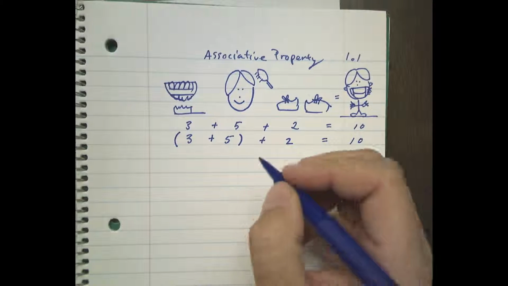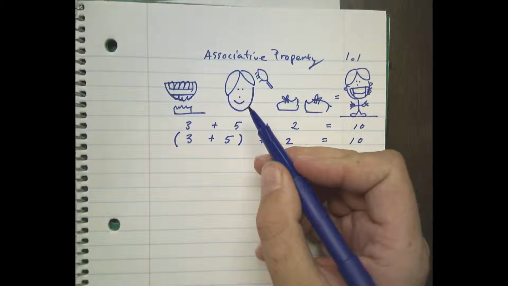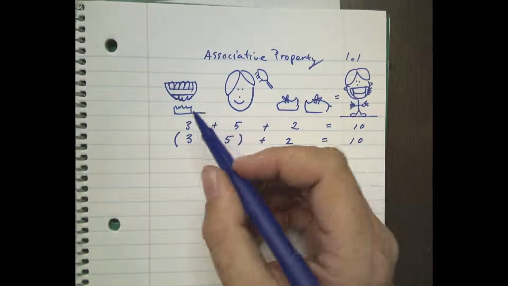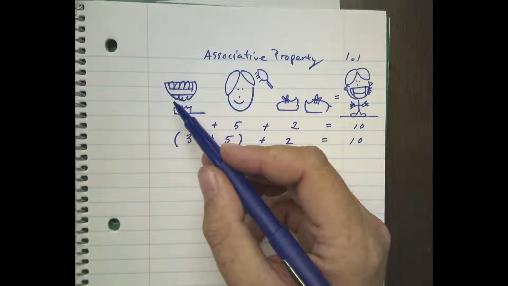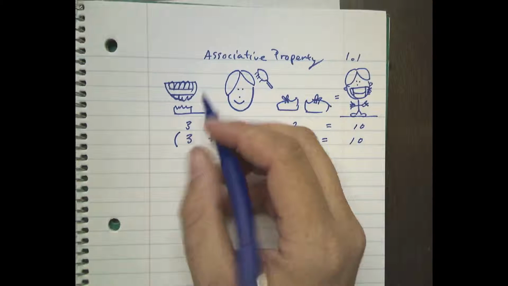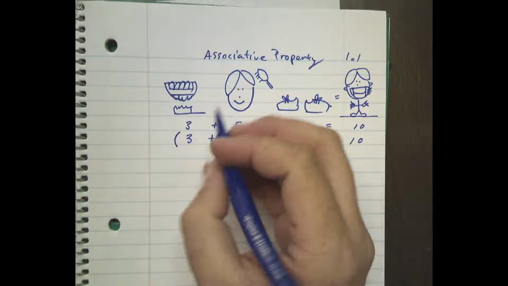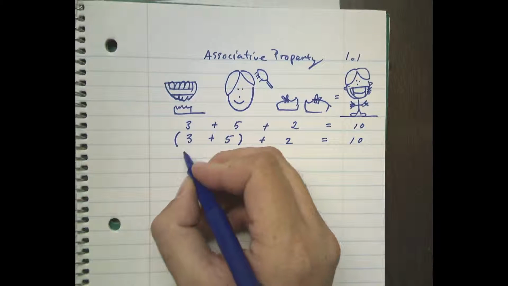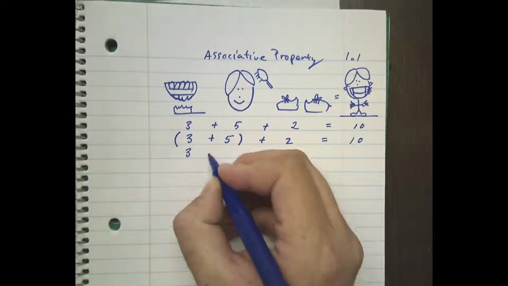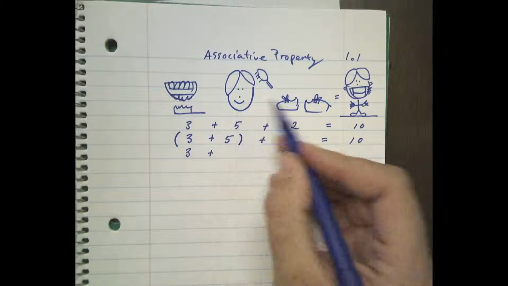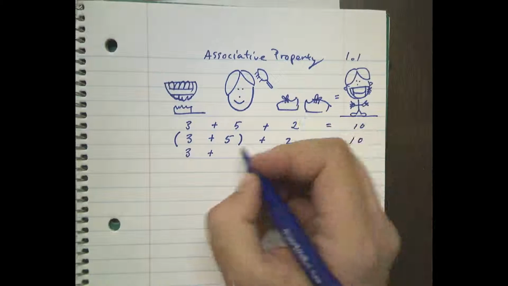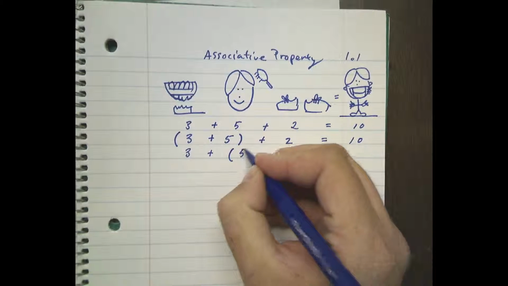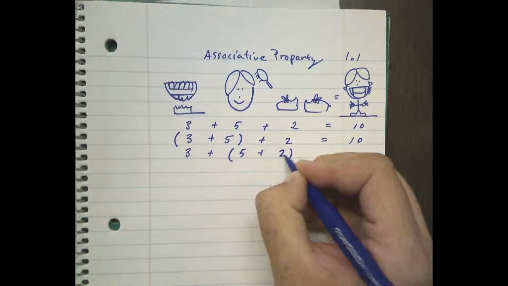Now, let's say for some reason that I left my hairbrush over in the living room with my shoes, and so I had to brush my teeth all by myself, or without brushing my hair in the same group. When I write it like that, it's 3 plus, well, my hairbrush and my shoes are out in the living room, so I can group those together with a 5 plus a 2.